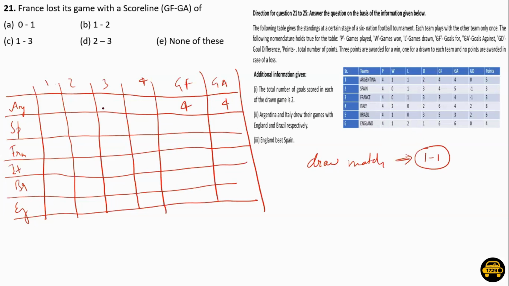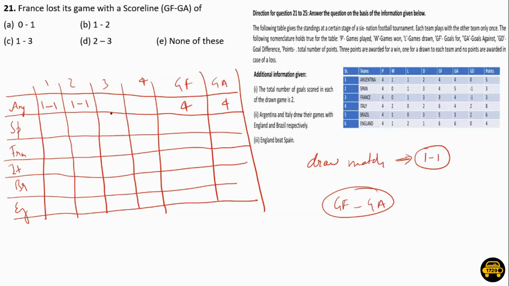The drawn matches would have a scoreline of 1-1, so we have 2 scorelines for Argentina, 1-1 and 1-1. We represent it like this: goals forward, goals against. This goal was scored by Argentina, and these 2 were scored against Argentina. We don't know the scoreline of these 2 games, so let's hold it for a while.